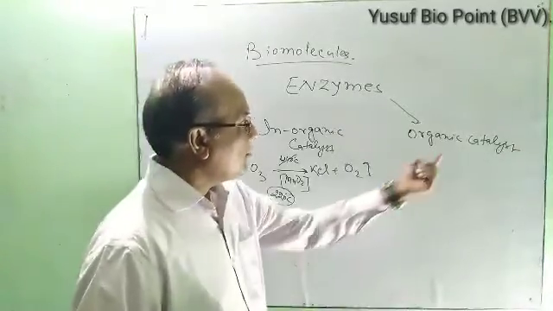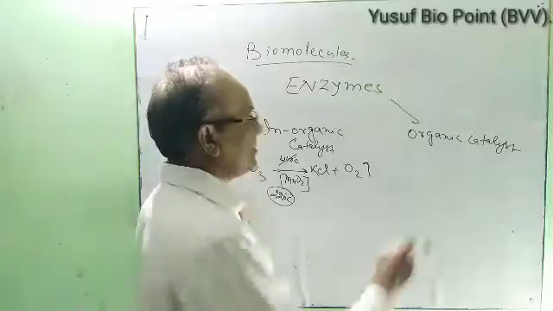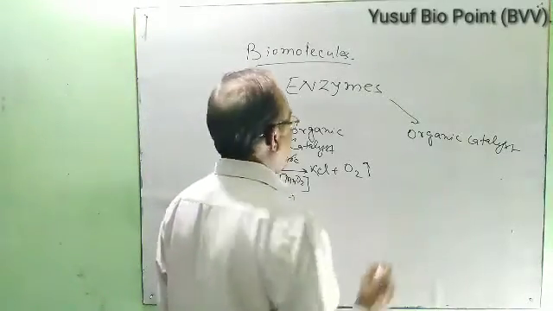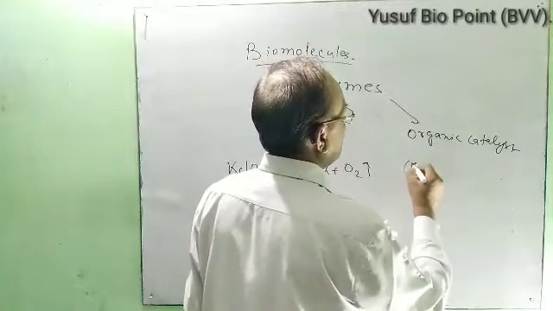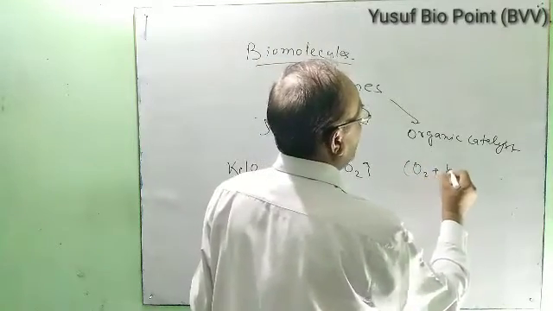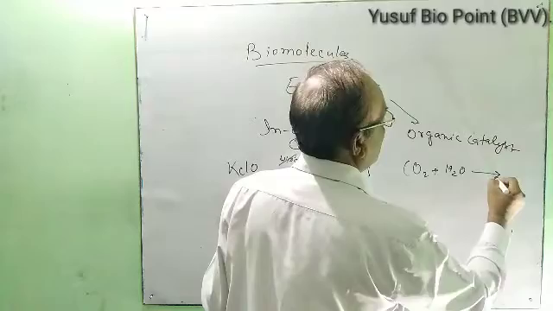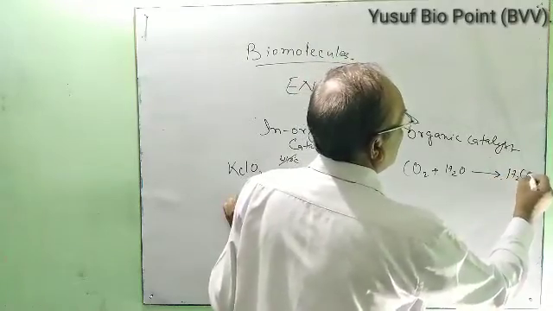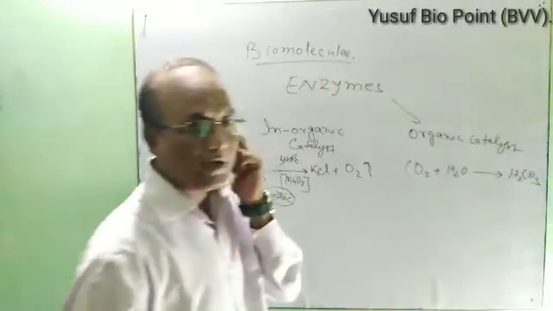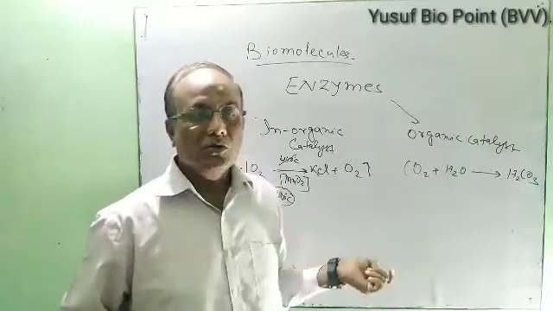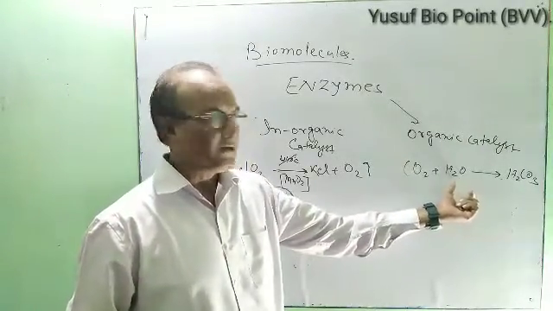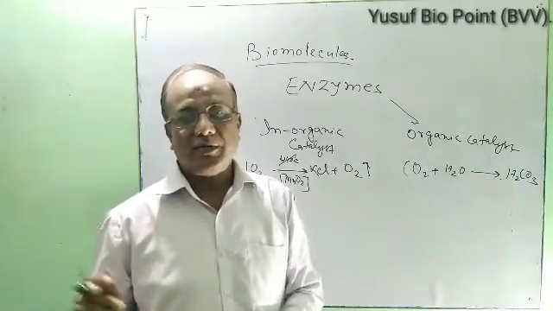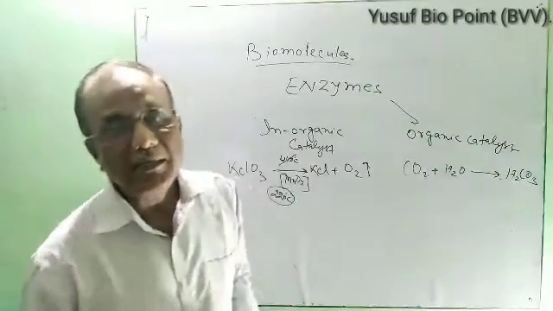Similarly, when we see the organic catalyst, CO2 plus H2O gives H2CO3, carbonic acid. Understand? So this is the general reaction. CO2 combines with H2O and forms carbonic acid. Understand?